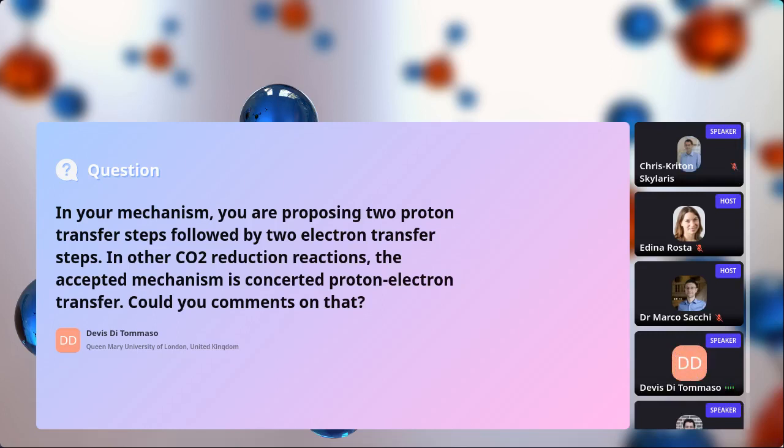So I haven't actually investigated a possible concerted proton-electron transfer. Yes, Davis, is that answering your question? Yes, it's answering my question. Thanks a lot.